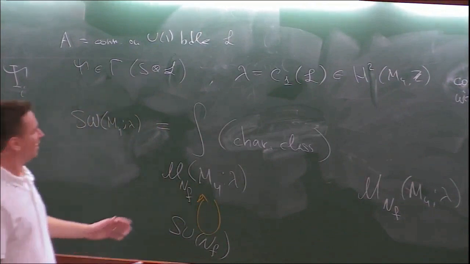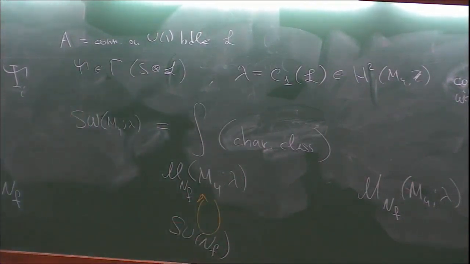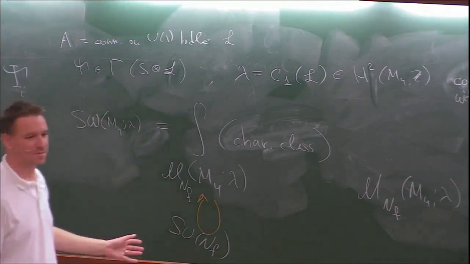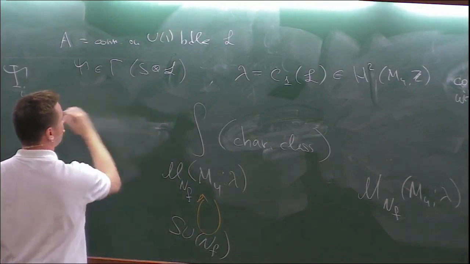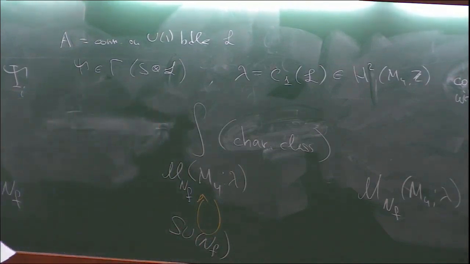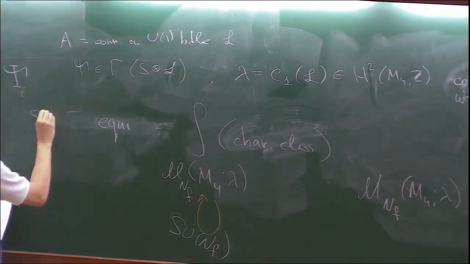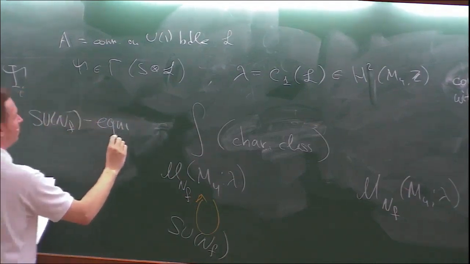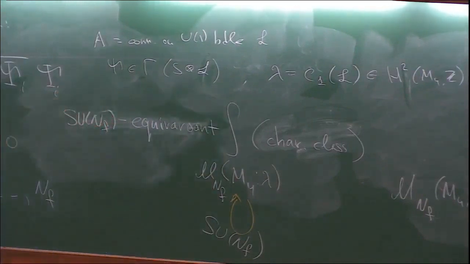So even though this moduli space is non-compact, one obvious thing to do, if you have this structure, is to use it. Namely, to consider not the usual integral, which was useful in the case of Seiberg-Witten invariants, but now the equivariant, namely SU(n_f) equivariant, version of the integral.